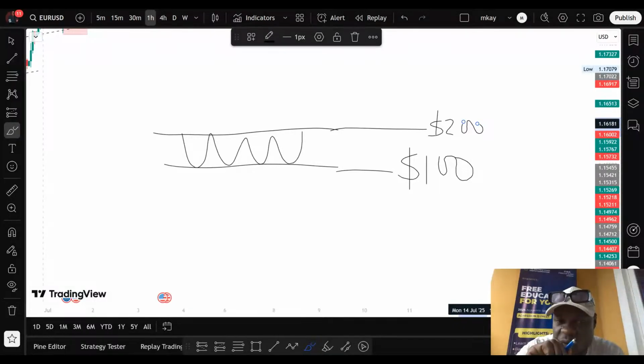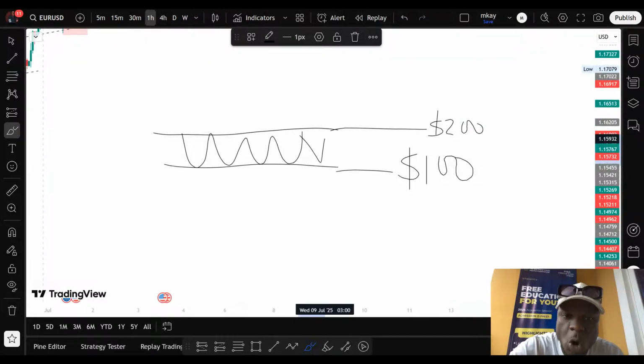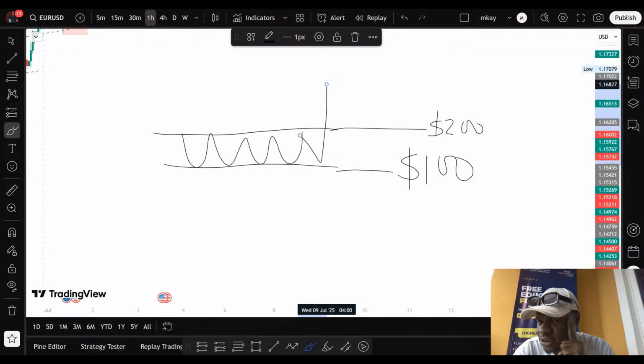Now, see what I'm trying to explain to you. For example, now the demand comes in. When the demand comes in, we don't jump into the market. So when you see something like this, the candlestick going like this, it gives you an impression to say, okay, there is a demand for Euro USD, or rather, there is a demand for Euro.